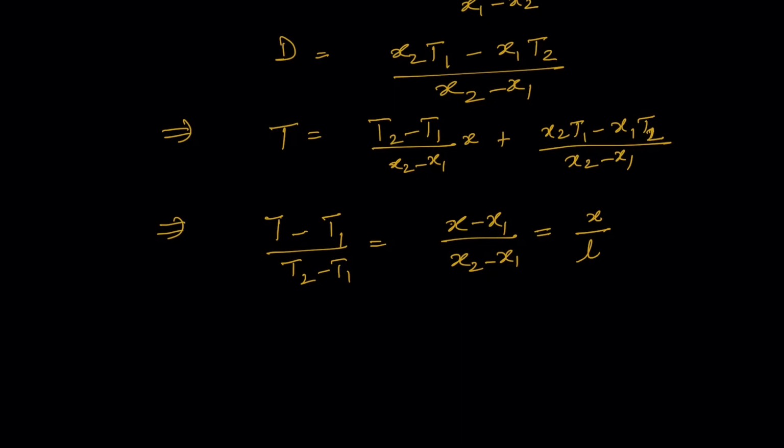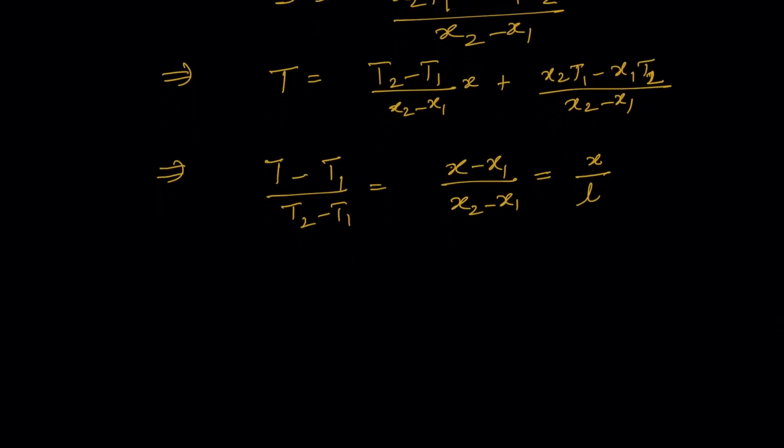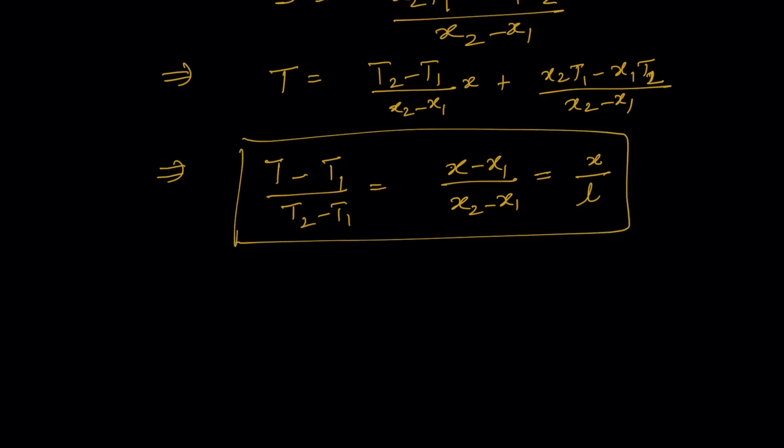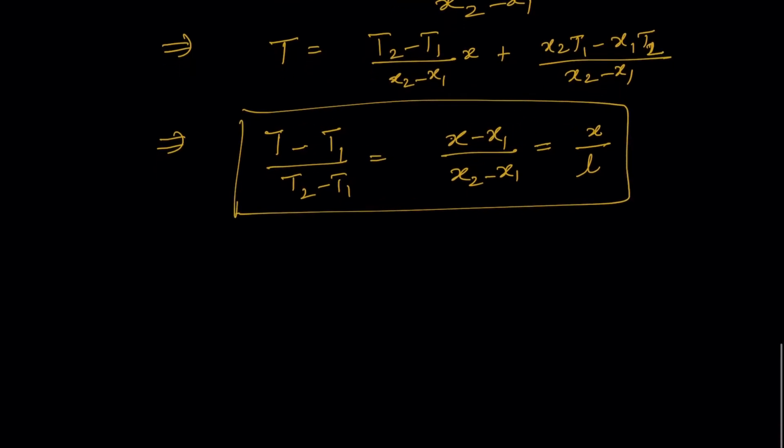Okay, and where L is the thickness of the solid. So this is how the temperature distribution you can write, right? So now Q, you can find out Q equals dq by d tau, is equal to minus Ka del T by del X, right?